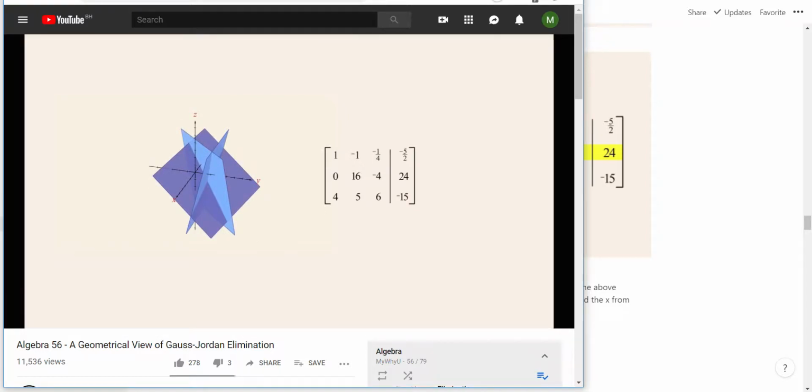Continuing to work from the top down, we change the bottom entry in column 1 to 0, using another pivot operation to add -4 times row 1 to row 3.